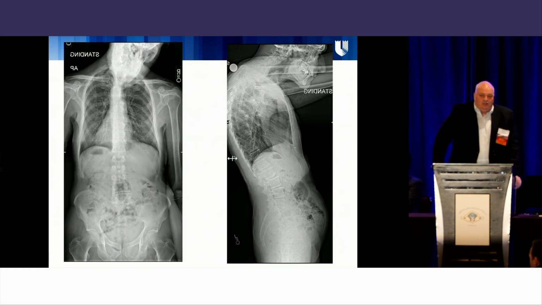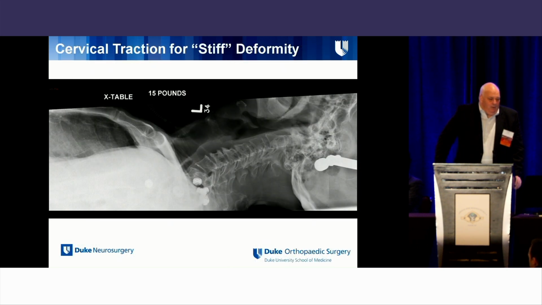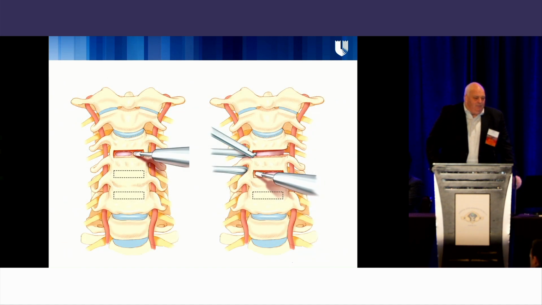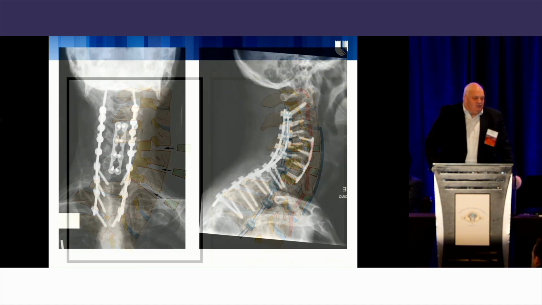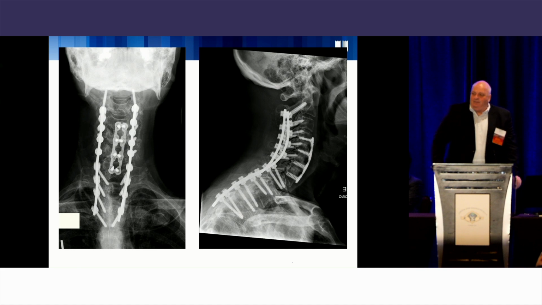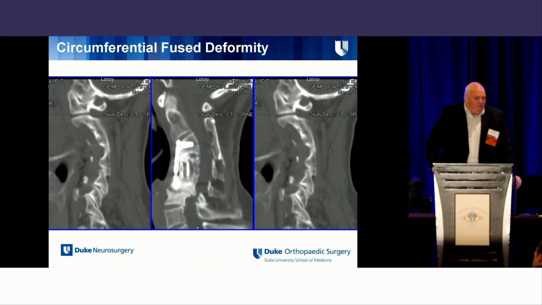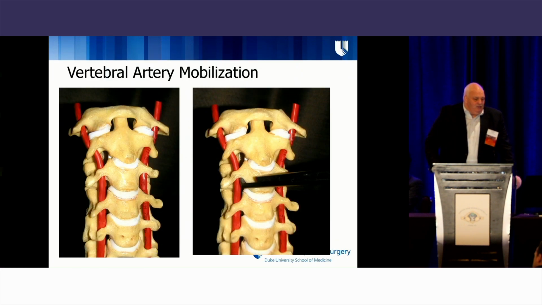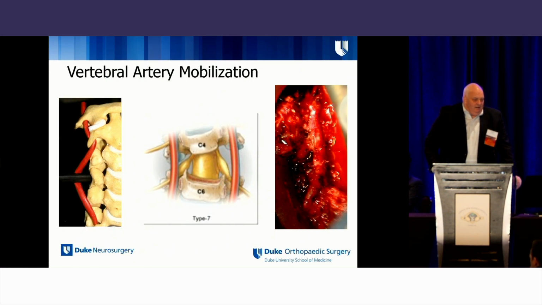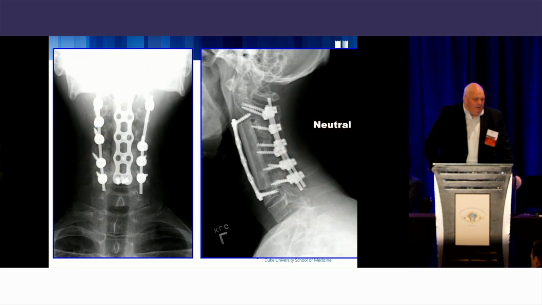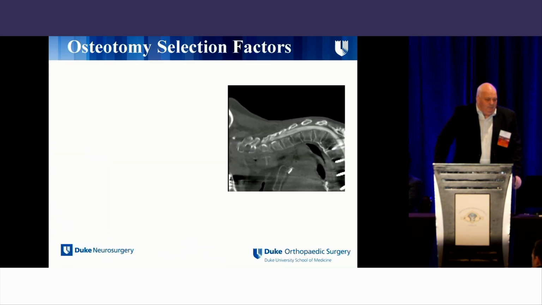Here's another person where I thought there was a fixed deformity, but with a little bit of traction, again, this is a stiff spine, not fused, I was able to do a much smaller operation in the grand scheme of things and still get the degree of correction and good overall alignment. Here's a circumferentially fused spine, and again, you can see here exposing the vertebral arteries, doing an aggressive circumferential osteotomy and a realignment.